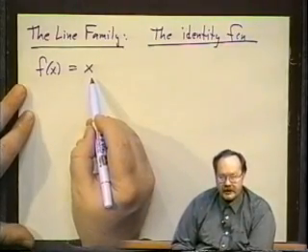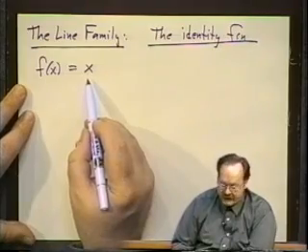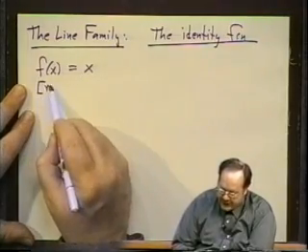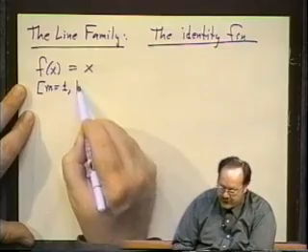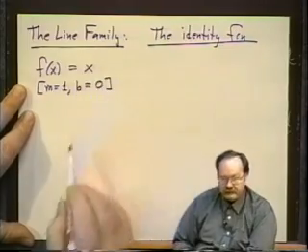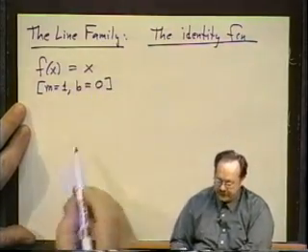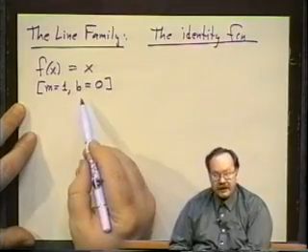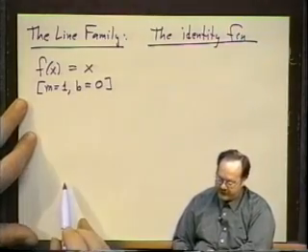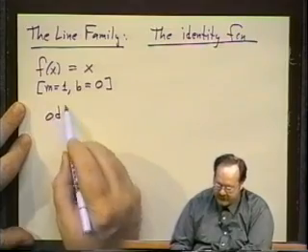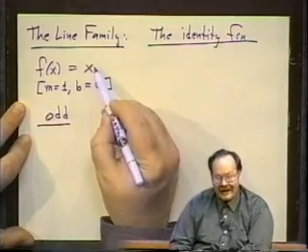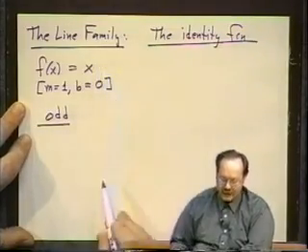There is no change. And of course, this is a line, just for the record, where m is equal to 1, the slope is 1, and b, the y-intercept, is 0. So this is a member of the line family. The domain and range are going to be the same: all real numbers in both cases. You'll also notice that this is an odd function because it is a classic case, an odd power, x to the 1.